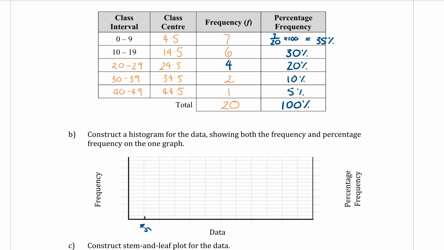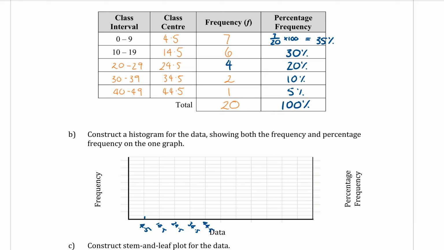Then my next class center is going to be at 14.5, then 24.5, 34.5, and 44.5. I could have stretched it out, but there it is. So the frequency is labeled here on the left-hand side.